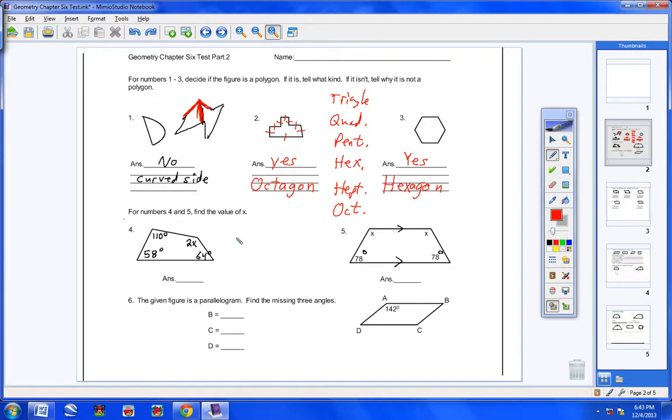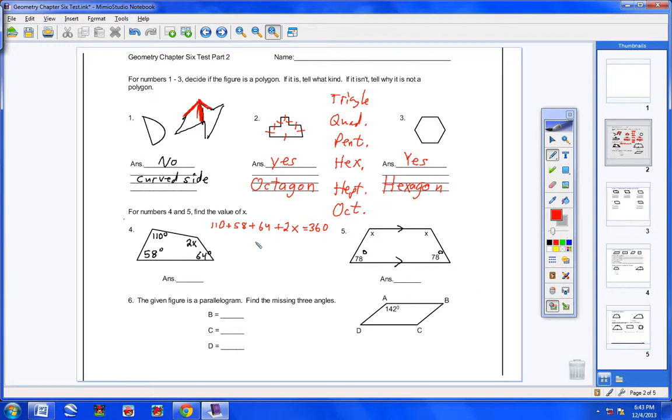360. So, here's what I'm going to do. I'm just going to simply say I've got 110 plus 58 plus 64 plus 2x. I added all 4 angles together, and what do they have to equal? 360. Don't I have a nice equation right there?